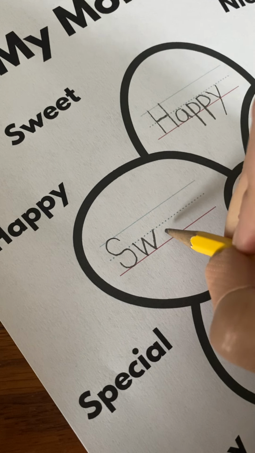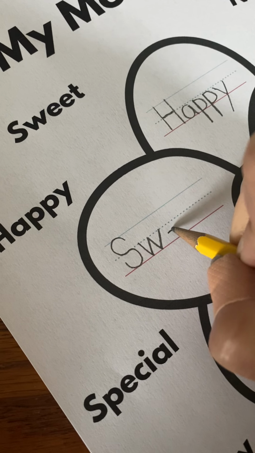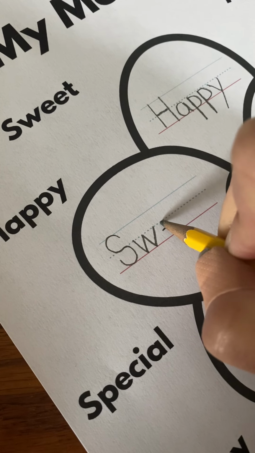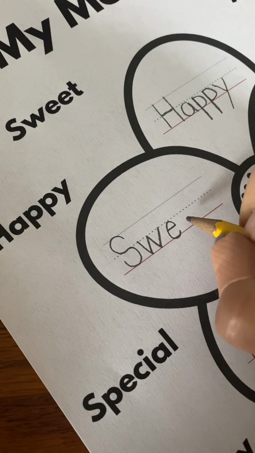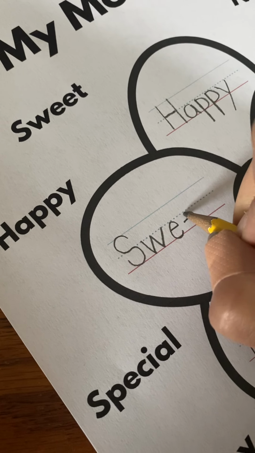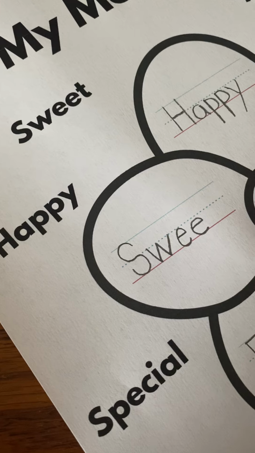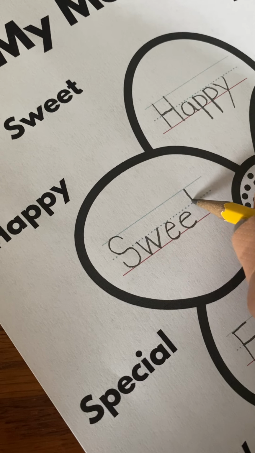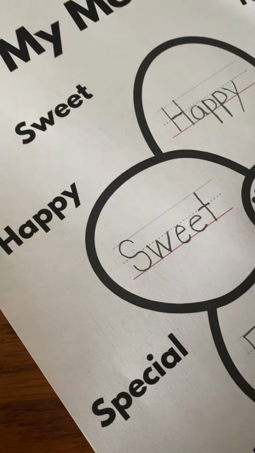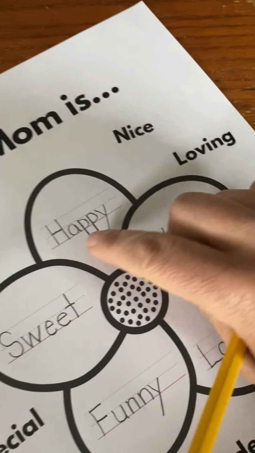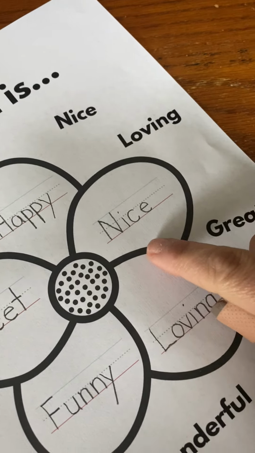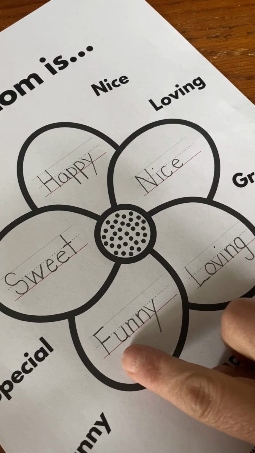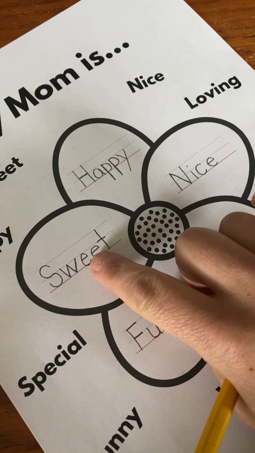W. E, little line across, and come around like a C. Little line across and come around like a C. And the last letter is a T. It starts at the top, big line down, little line across. So my mom is happy, nice, loving, funny, and sweet.